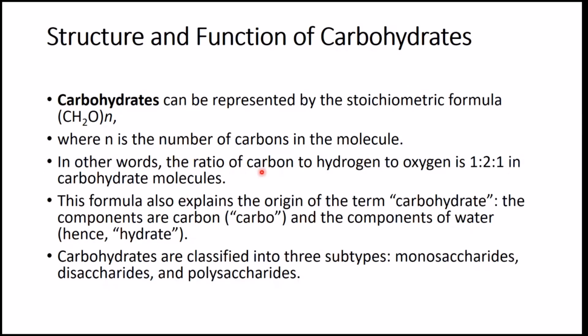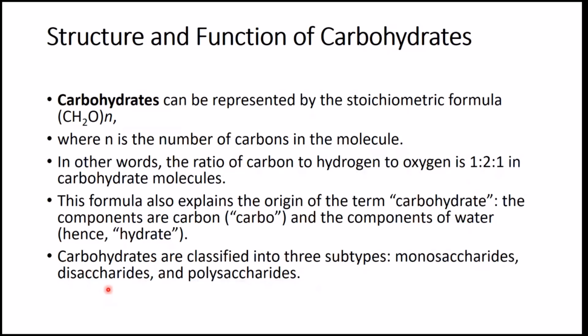In other words, the ratio of carbon to hydrogen to oxygen is 1 to 2 to 1 in a carbohydrate molecule. This formula also explains the origin of the term carbohydrate. The components are carbon, from carbo, and the components of water, hydrate.